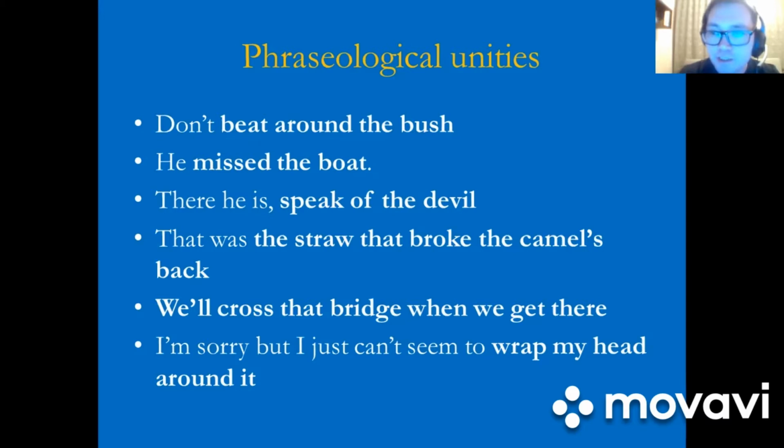A bridge obviously represents a kind of problem that we have to solve. So we will cross the bridge when we get there. That means we will solve the problem when we arrive at it, when we face this problem. Probably at that time, we will do something to solve it.